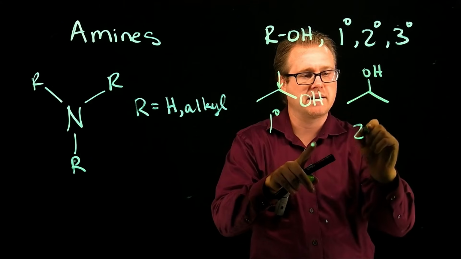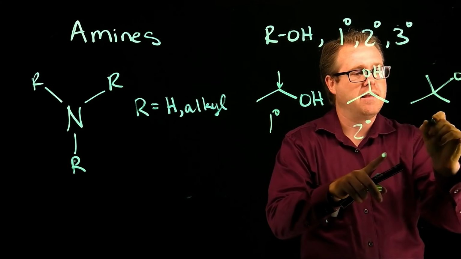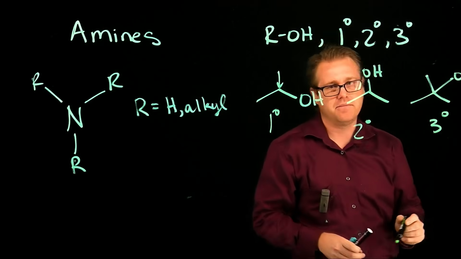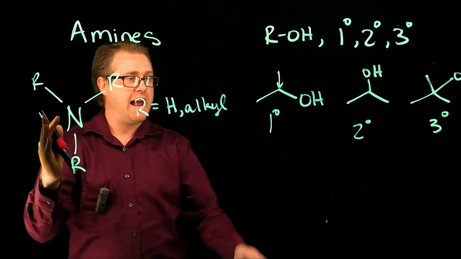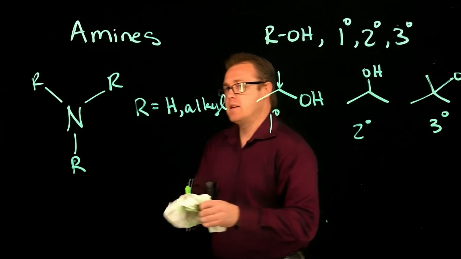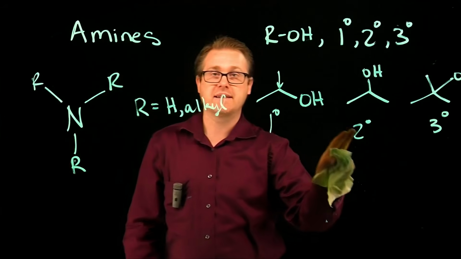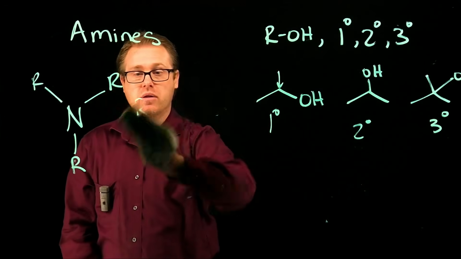That one would be a secondary. And that would be a tertiary alcohol. Amines also can have a degree system. So amines could be primary, secondary, tertiary, and there's a 4th degree called quaternary.